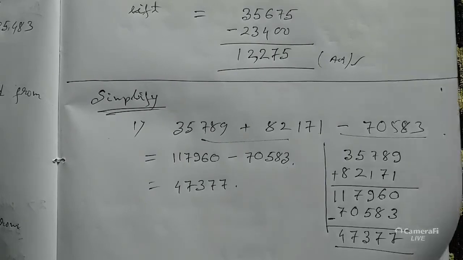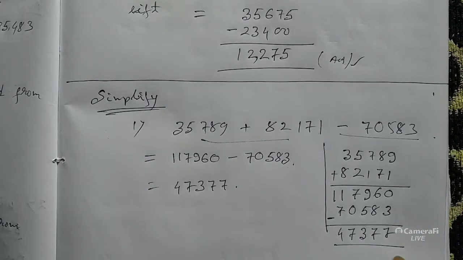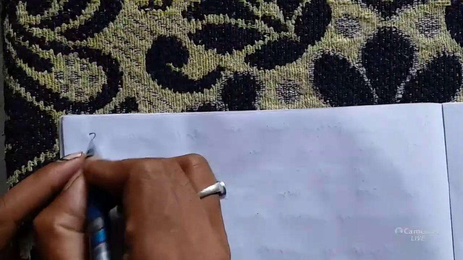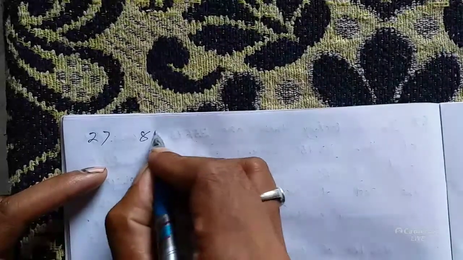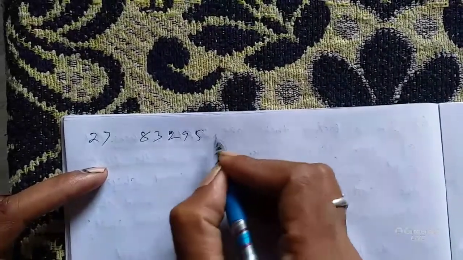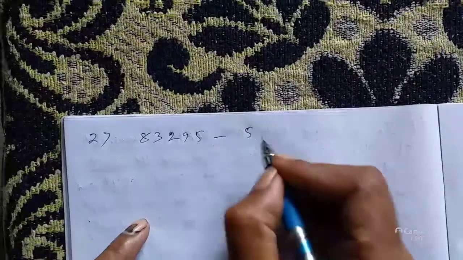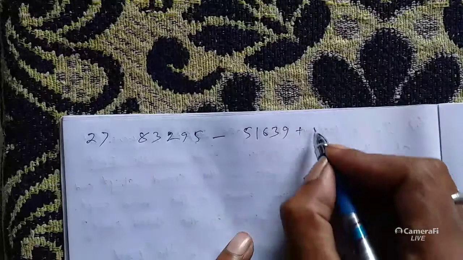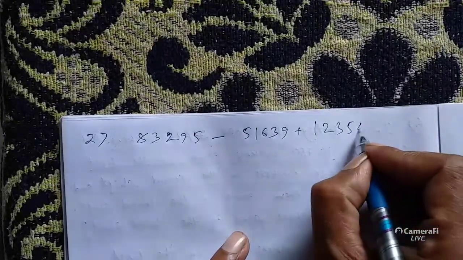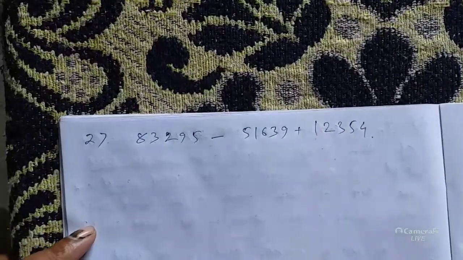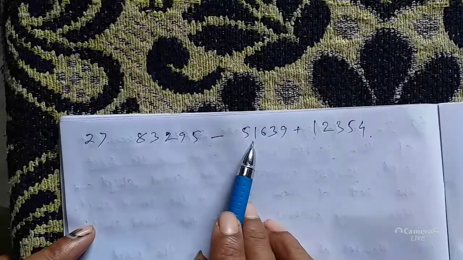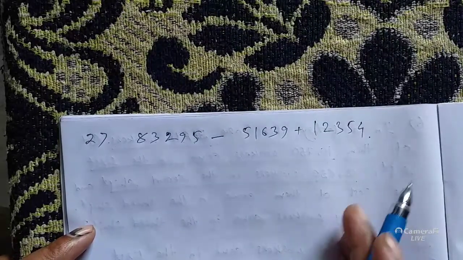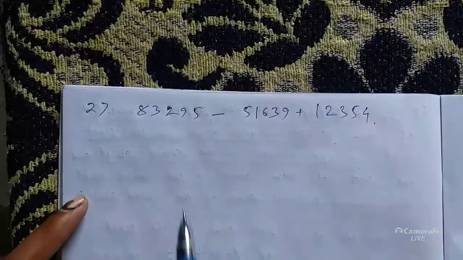Let us come to another simplification example, number 2. Here first there is a subtraction and then addition, but we always arrange first addition and then subtraction.